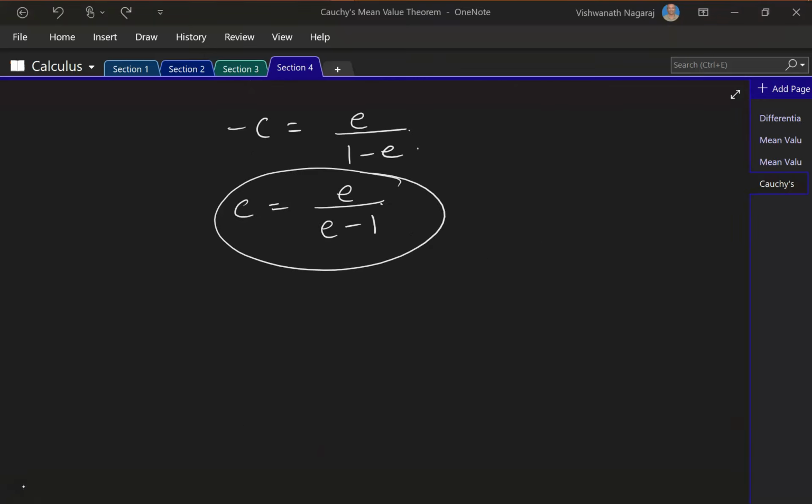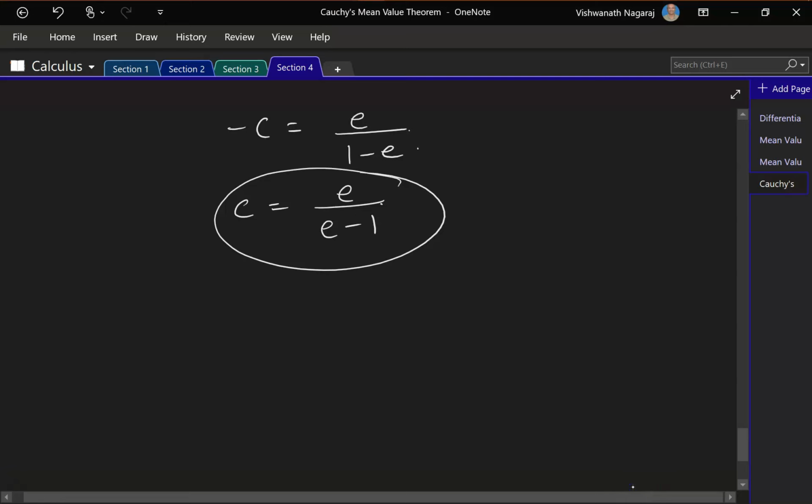So what does this mean? I'm not talking of this particular problem, but Cauchy's mean value theorem, what does it mean? So if we draw a graph, and this is f of x and this is g of x, so the x-axis is not x, it is f of x. Y is not y, it is g of x.